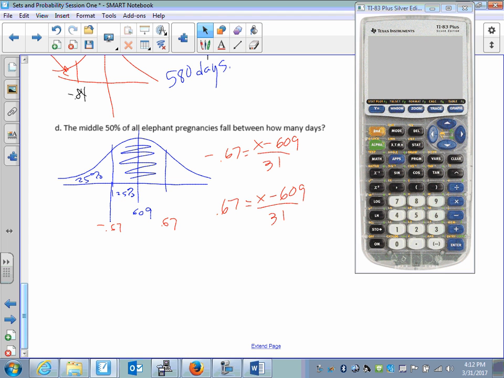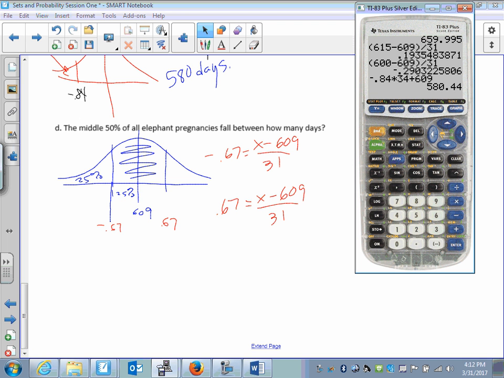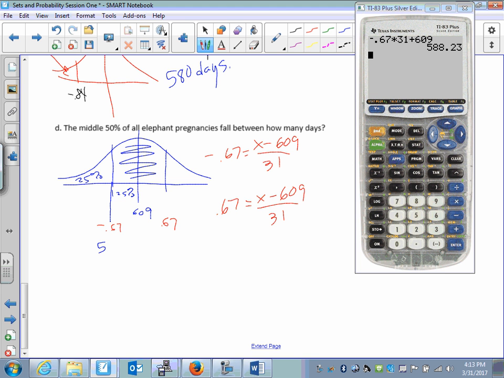On the first one, we multiply negative 0.67 times 31, and then add 609. That gives us 588, so this is the 588th day. Then we do the same thing again, but with a positive 0.67.